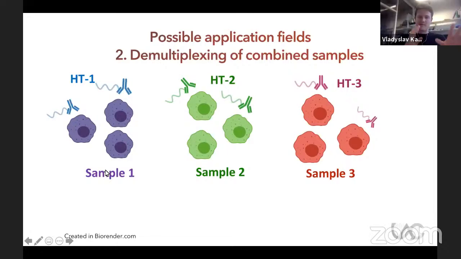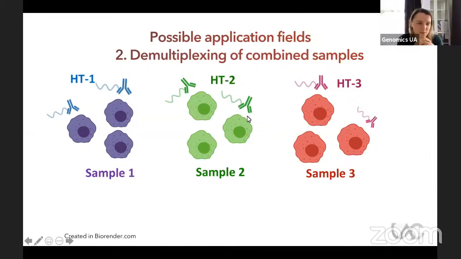You can combine samples from the same tissue to gain your biological triplicates. Or we have also done in our lab combining samples from the lymph node, the spleen, and also the brain of mice, and it worked as well. The only thing that you need is a proper cell suspension and demultiplexing of these hashtag antibodies.